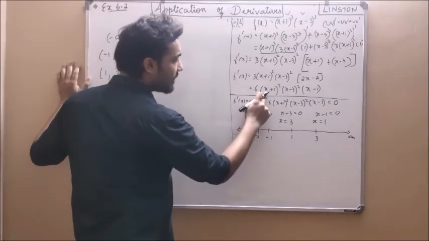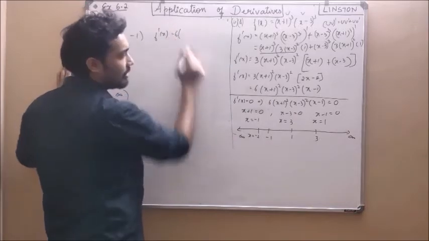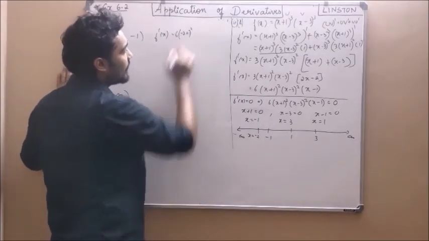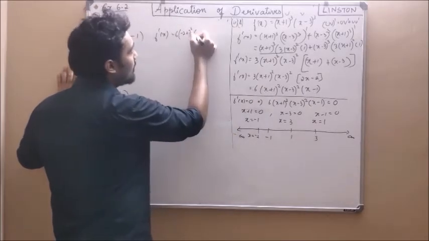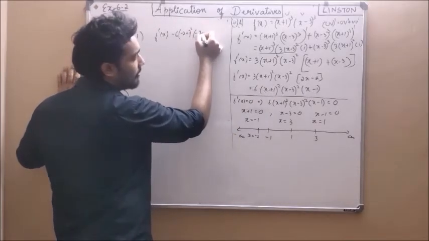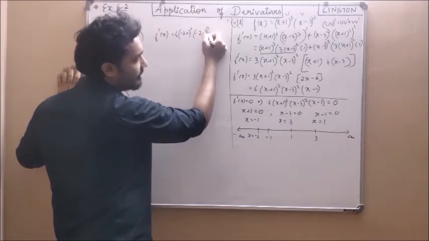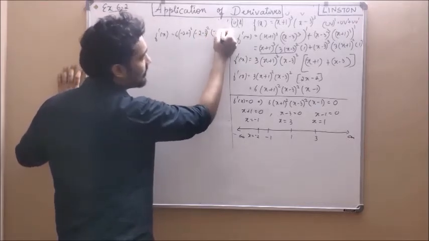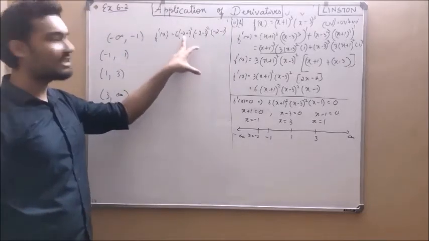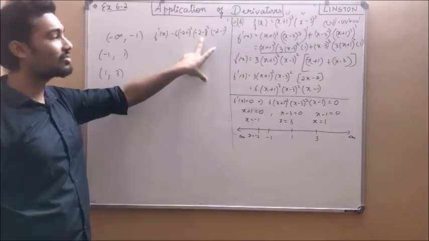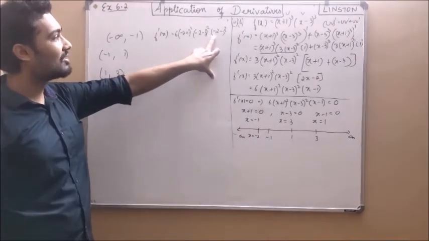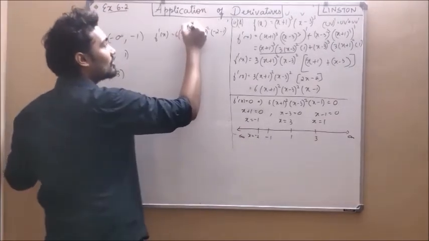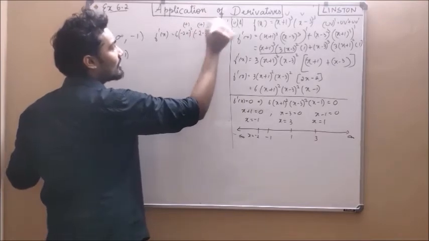Substituting x equal to minus 2, we get 6 into minus 2 plus 1 the whole square, into minus 2 minus 3 the whole square, into minus 2 minus 1. Squares are obviously positive, and minus 2 minus 1 is minus 3, negative.